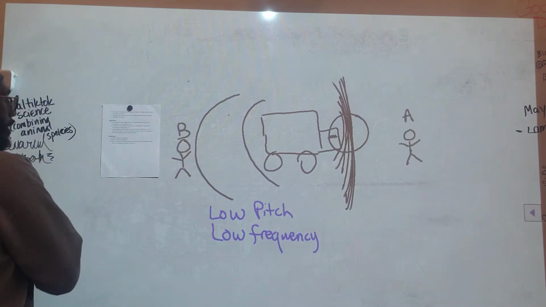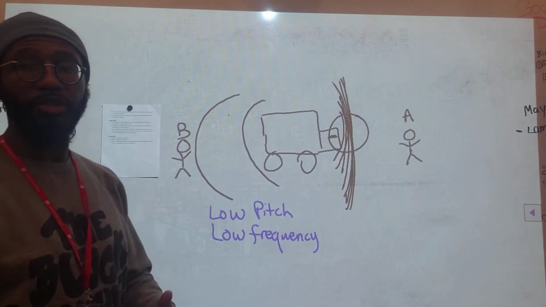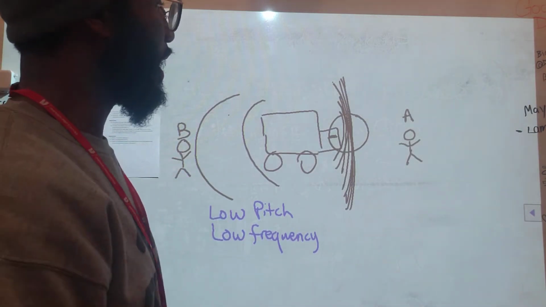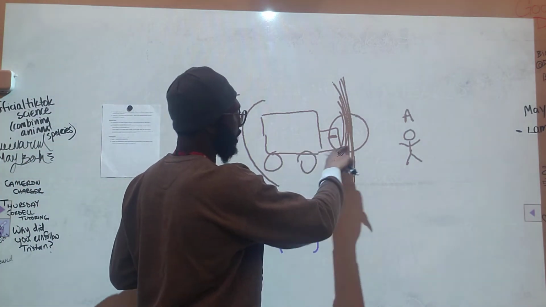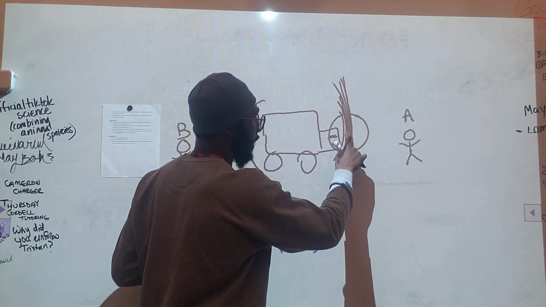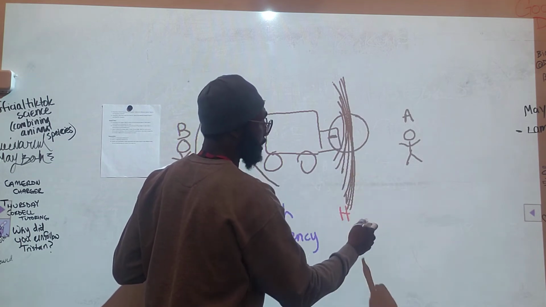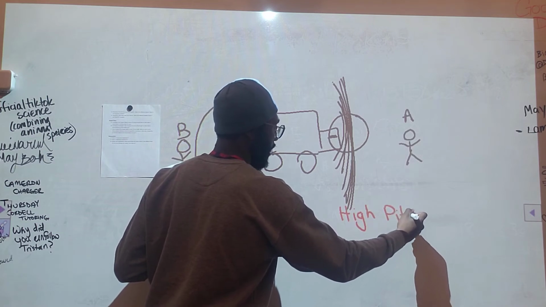All right. Now if we look at problem 16, it says as the sound source is moving toward you, is it going to have a lower or higher pitch? So as this ambulance is moving toward us, it's got a lot of sound waves bunched up together, so a lot of sound waves per second. So that's going to be a high pitched sound.